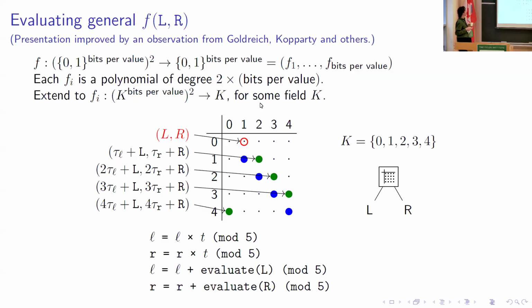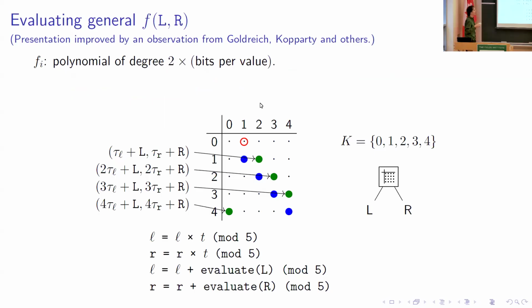So what we're going to do here is remember that our function, we're thinking of it as a polynomial. And we have a bound on its degree, 2 times the bits per value parameter. Now I'm going to ask what happens if we write the following polynomial. Say I have one variable t, and t is how far we are along the line.